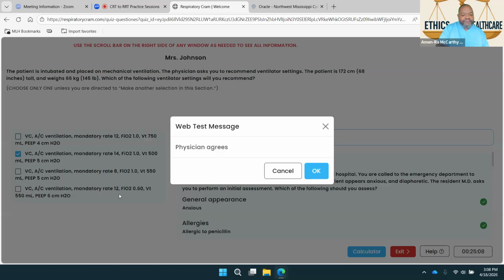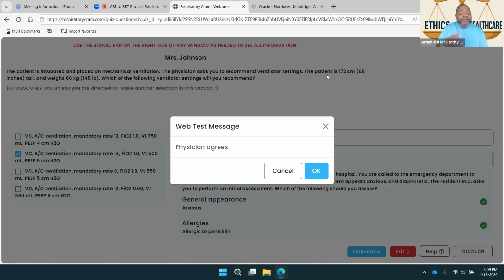14, 500, PEEP of 5. Physician agrees. See, that's how it works. Easy. Great job. And I'm telling you, just like they told us that the patient was 172 centimeters and then 68 inches tall and weighs 66 kilograms, they could have said she is 68 inches tall and weighs 150 kilograms, which means she was simply overweight.